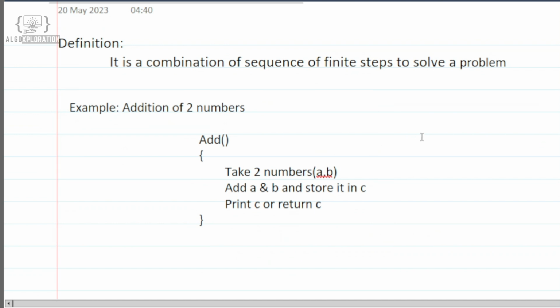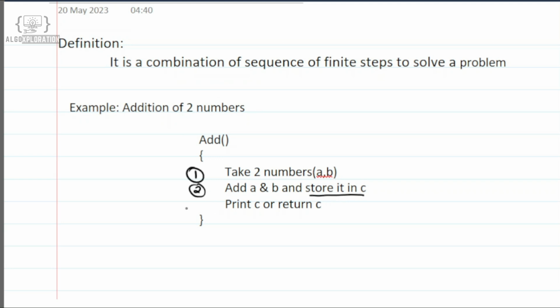So we have to take the two numbers first, then add them and store the result in some variable named C, and then print the C or return the C. So there are a total of three statements, which is finite. By the definition, it is a combination of a sequence of finite steps.